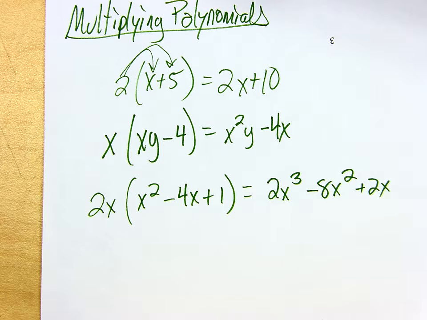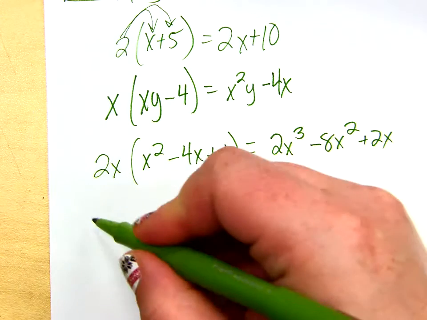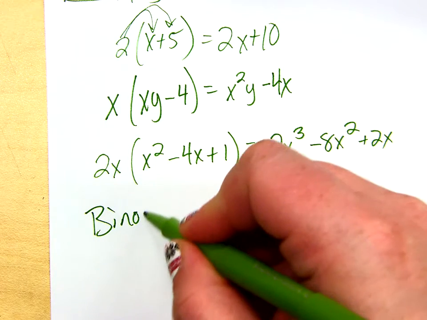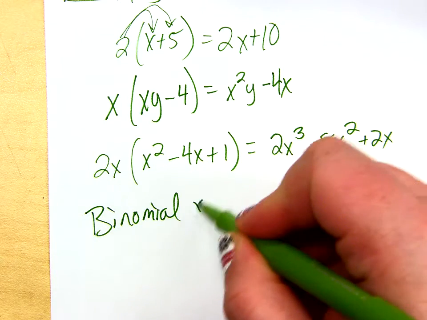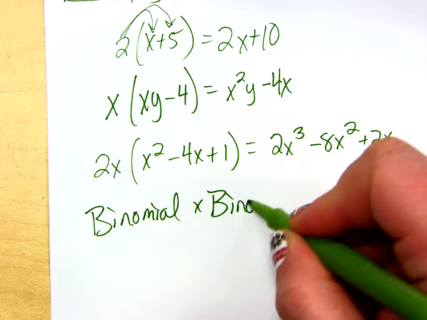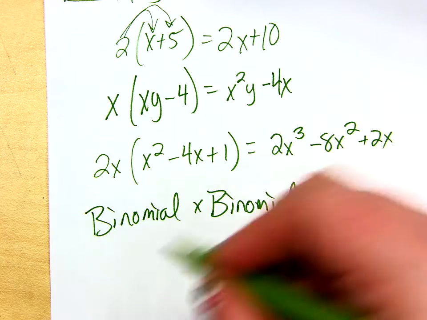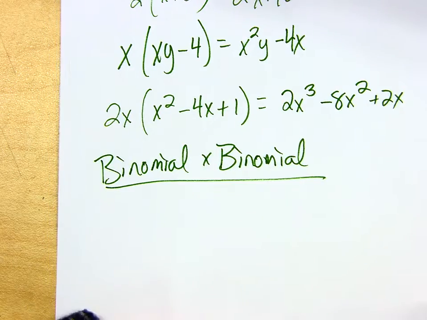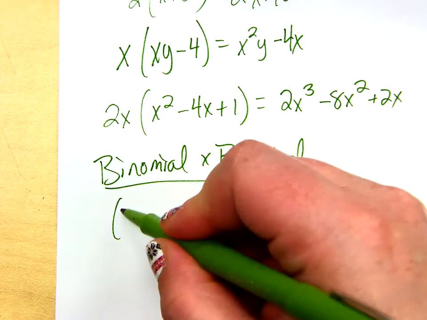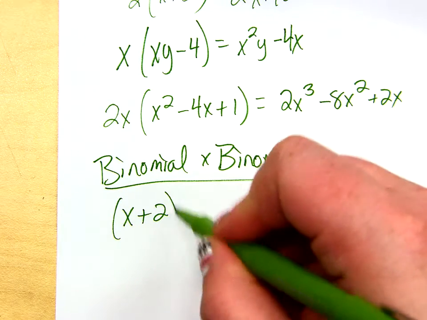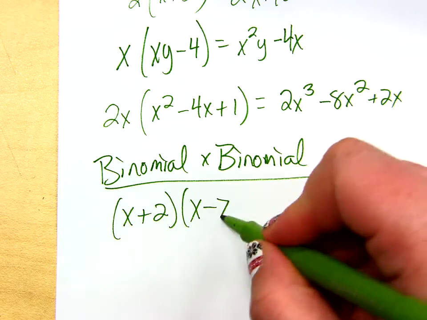Things get a little bit more interesting when you have a binomial times a binomial, for example. What's a binomial again? Yeah, a 2-term polynomial. So if I wanted to do x plus 2 times x minus 7.